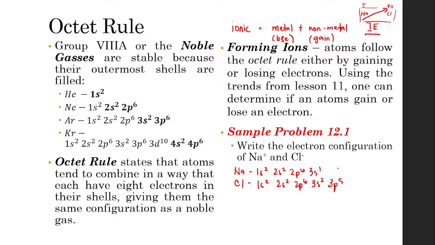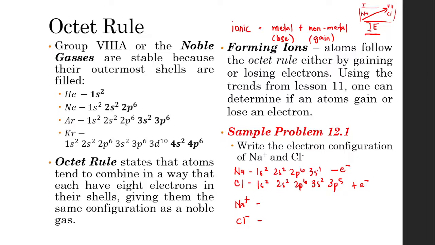If we remove an electron from sodium, removing a negative charge, it makes our sodium positively charged, while adding an electron to chlorine makes our chlorine negatively charged. And that's how the formation of an ionic compound starts.